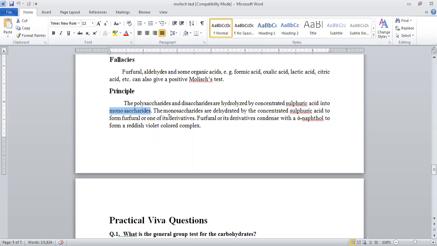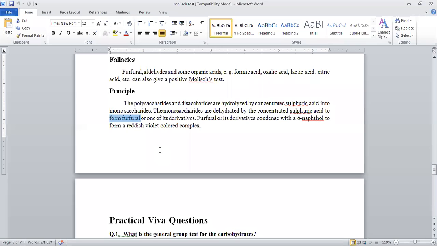Now, after hydrolysis, these monosaccharides are dehydrated. Again, this reaction is done by concentrated H2SO4, and after dehydration, there is formation of furfural.